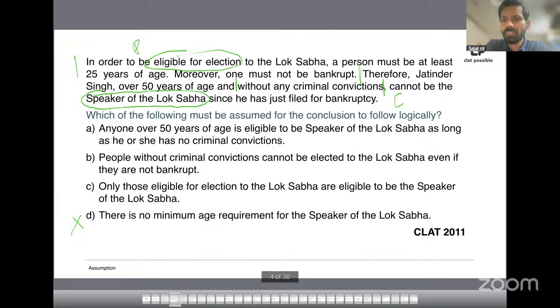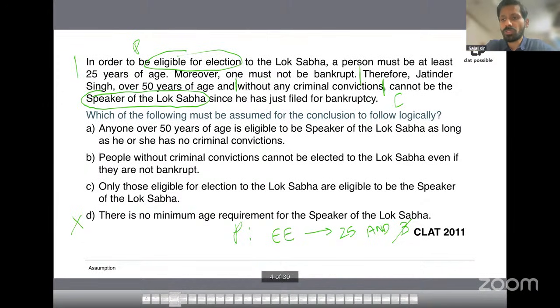So what was given to us in the premise was, in order to be eligible for election, so I'll just write eligible for election, EE. One must be at least 25, minimum 25, and not bankrupt.